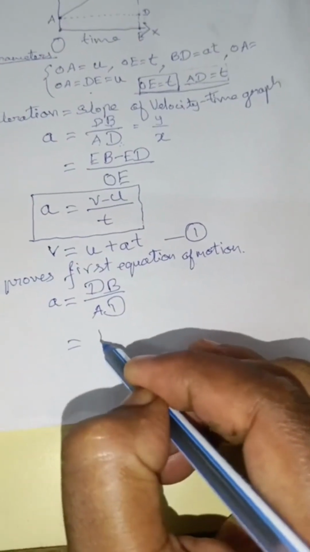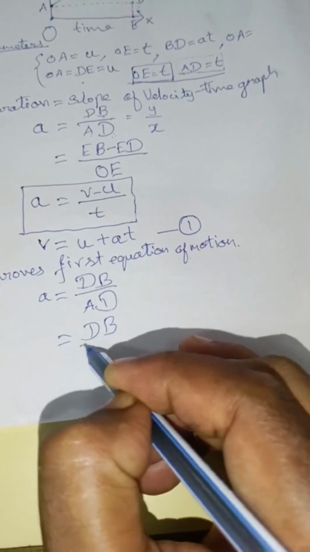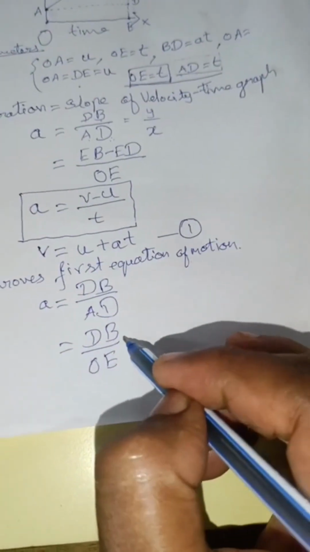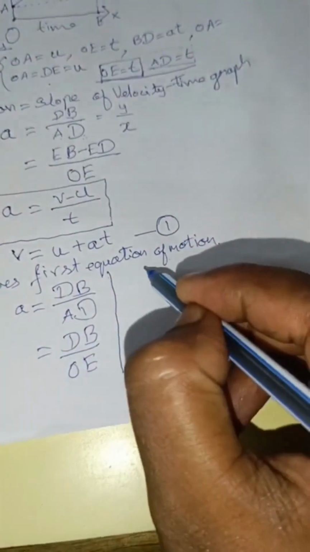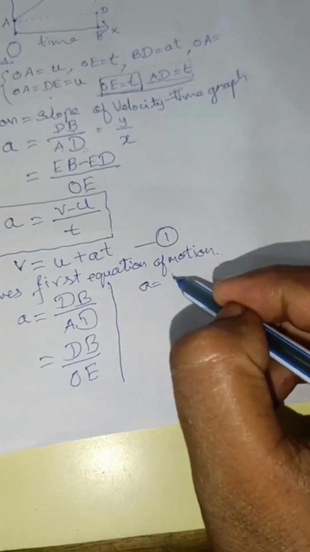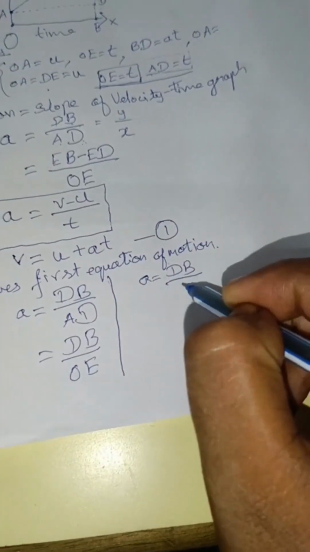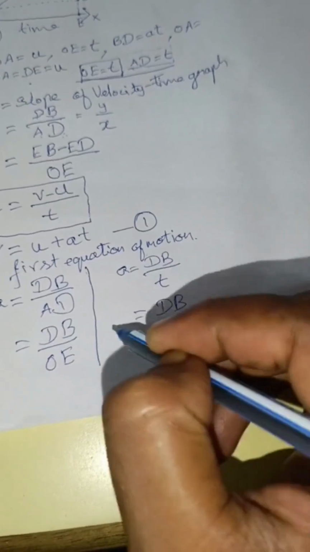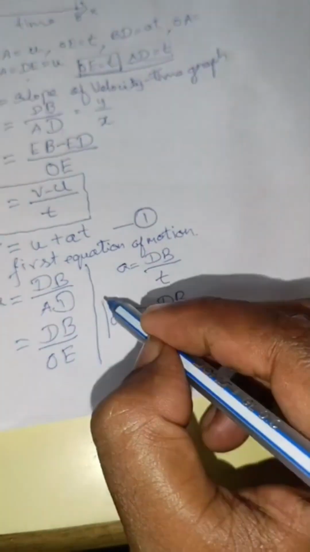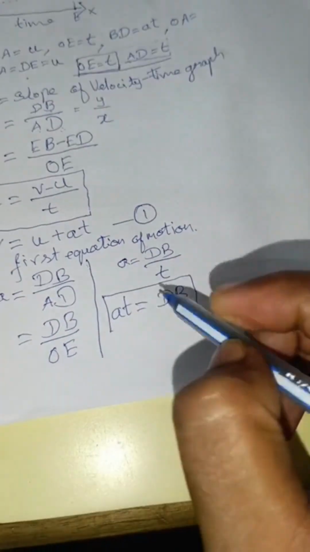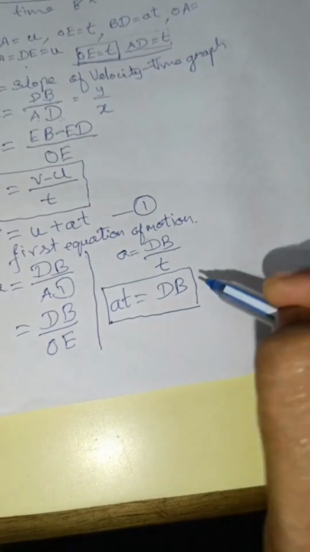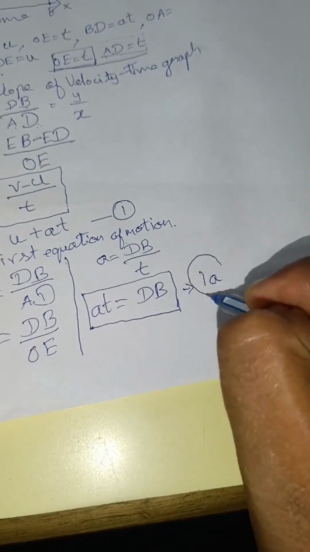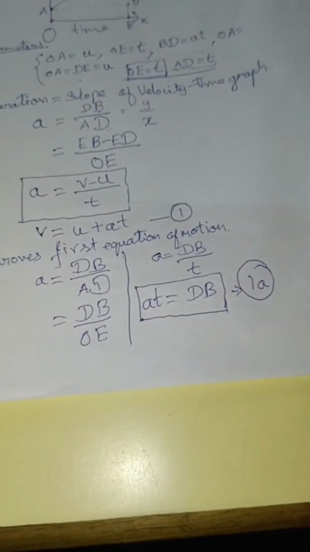Since we know that DB can also be written as OE, we can write A is equal to DB divided by T, and at last I can say that DB is equal to A into T. This is also part of the first equation of motion, which will help me to calculate the second and third. I'll consider this equation as 1A.